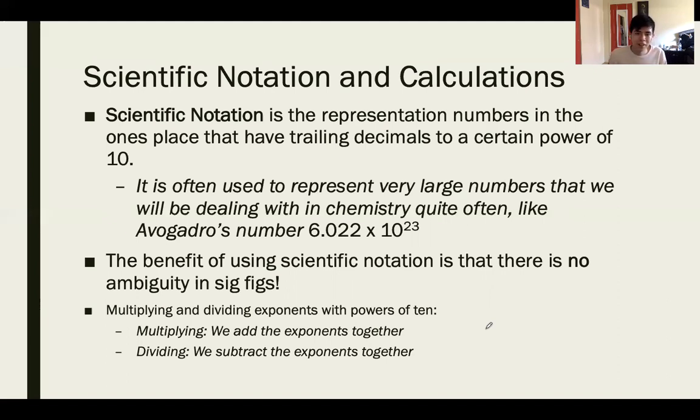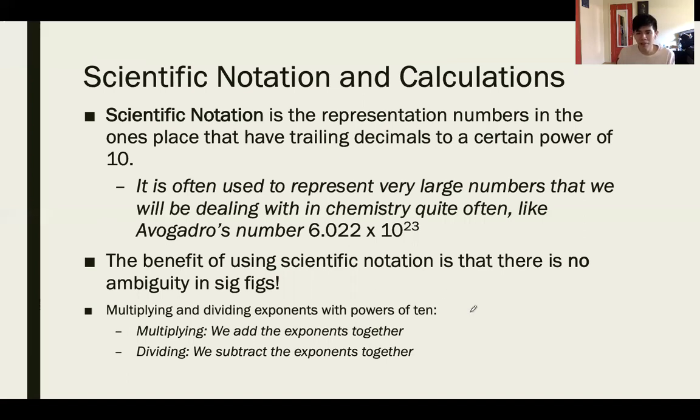The benefit of using scientific notation is that there is no ambiguity in significant figures. When you're looking at something written in scientific notation, you can just literally count the left-hand side, and that will be the correct number of significant figures.